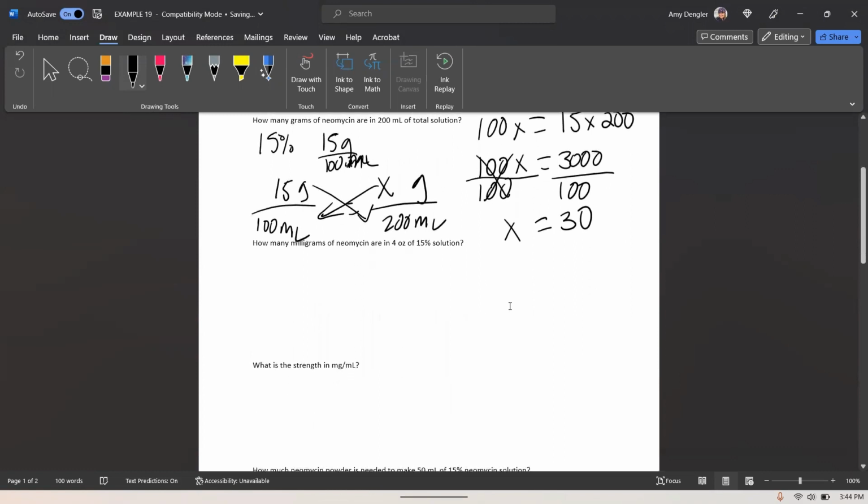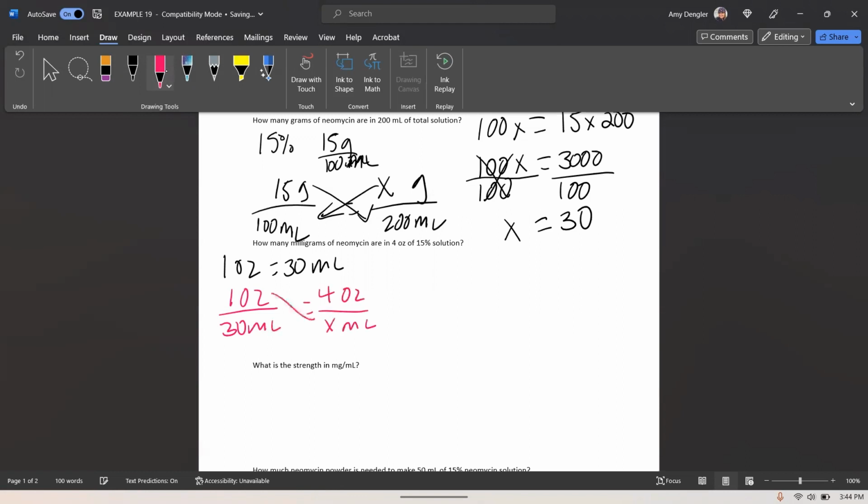Next, how many milligrams of neomycin are in 4 ounces of 15% solution? So we have to do a conversion. So remember, 1 ounce is equal to 30 ml. Another important one I would always know. So I'll do that here. And I'll plug in my 4 ounces. How many ml is that?